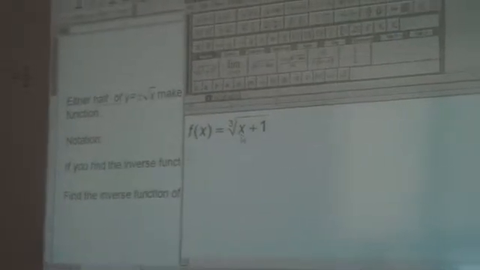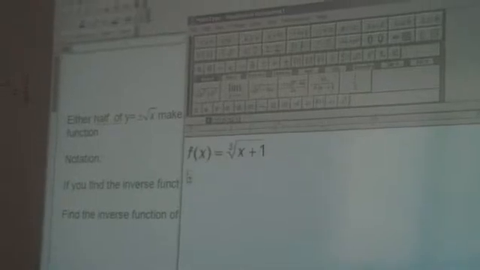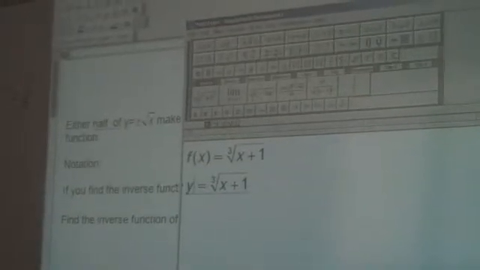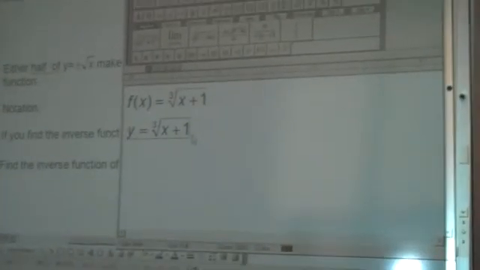First, I'm going to rewrite it as y equals, because the first step is to switch x and y. Now what do I do?